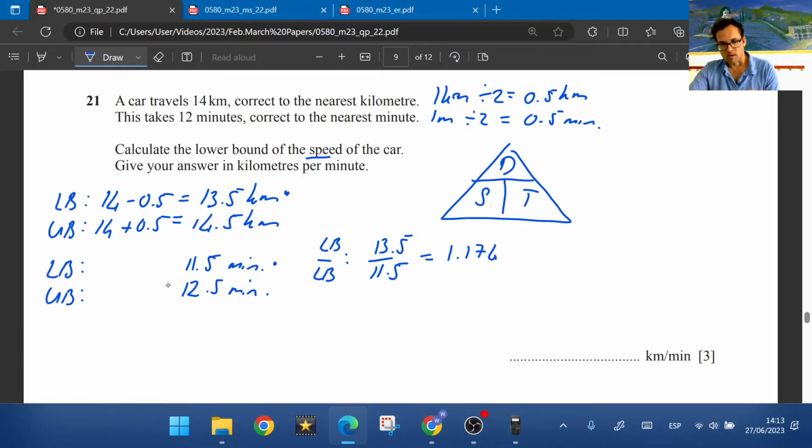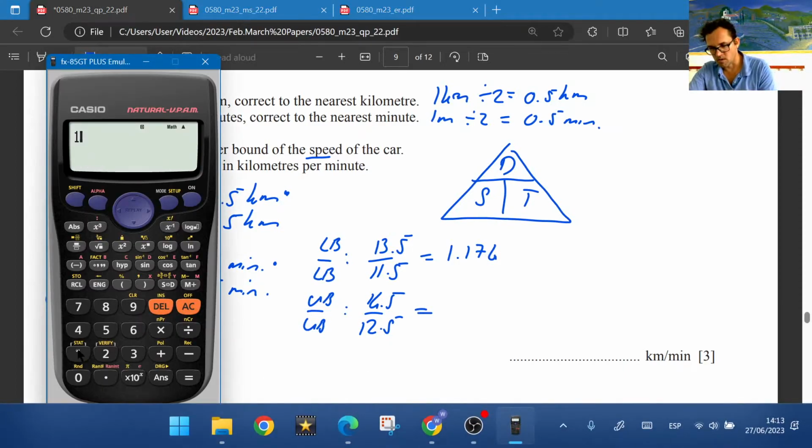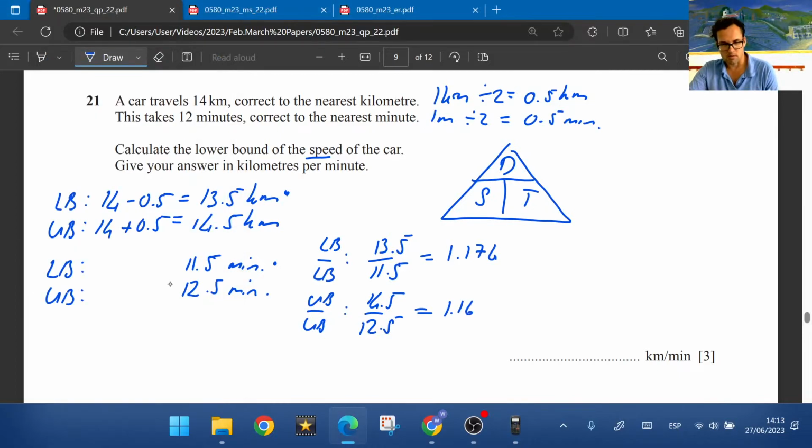What happens if we take the upper bound and the upper bound? So 14.5 divided by 12.5. What happens when we do that? You see, we actually get a smaller answer. You take a bigger number, you get a smaller answer.